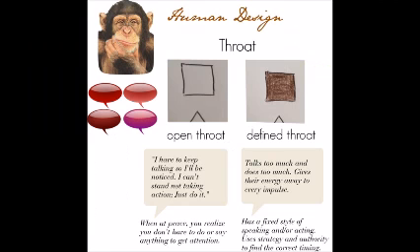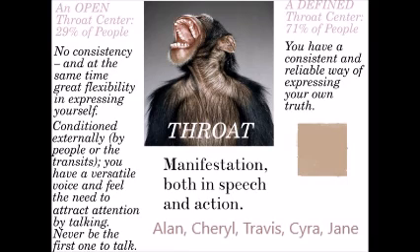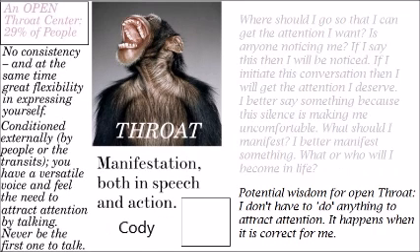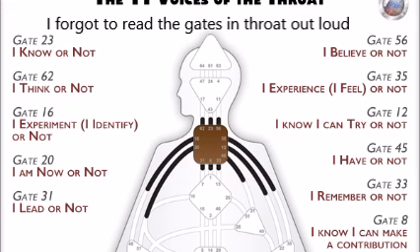With the throat center, both defined and undefined throats can actually talk too much. When you have a defined throat, you are either a manifestor or a manifesting generator, and another piece of the defined throat is to remember to inform before manifesting or taking action.